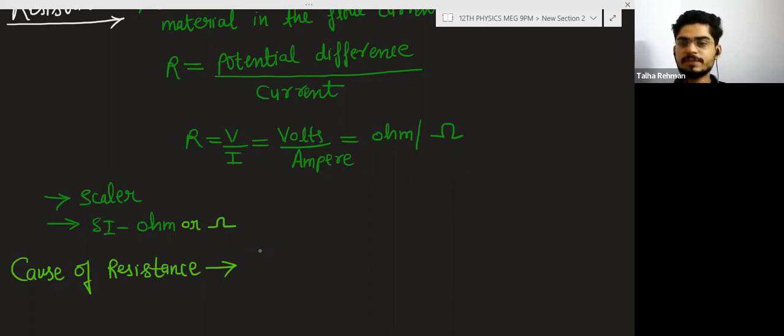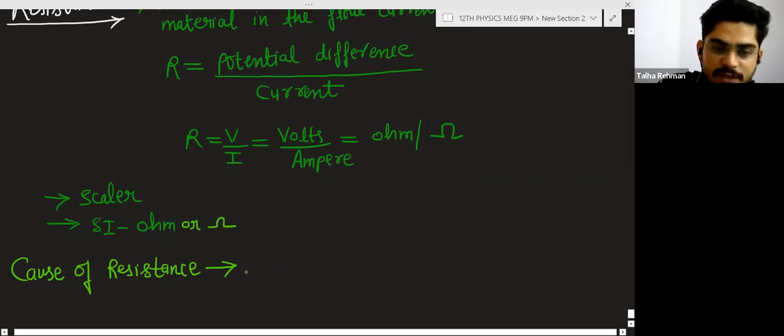Then the electron collides with the positively charged ions in its path. Due to that, the momentum of the electron changes, and due to that collision the speed or velocity of the electron decreases, and due to this the flow of current decreases.